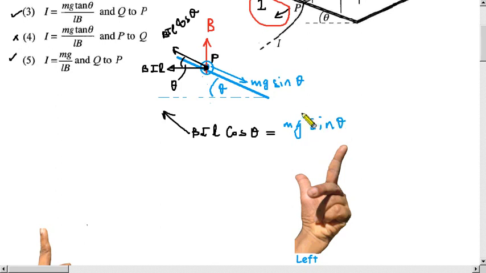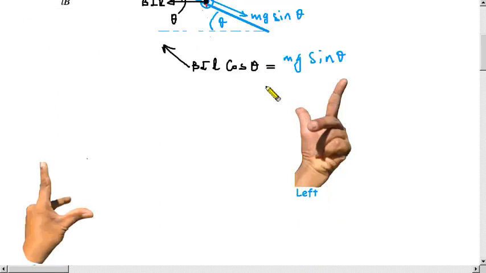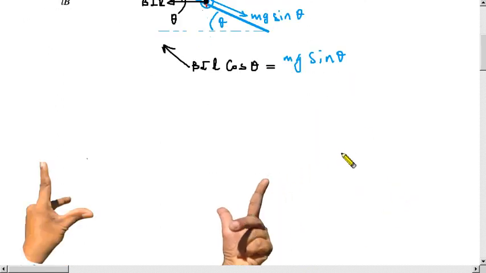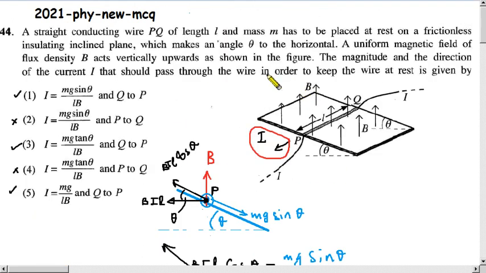If that happens, there is no resultant force, therefore we can make it stay without moving downwards. That is what they want.